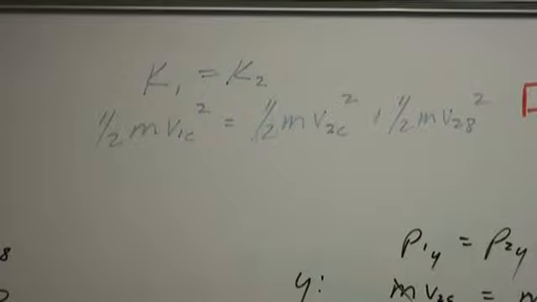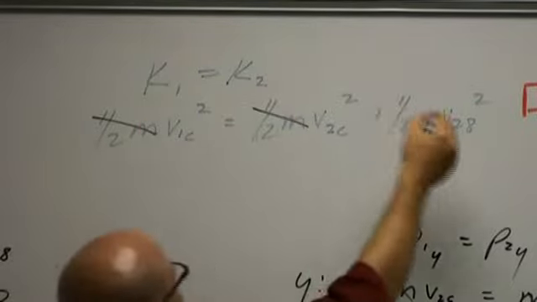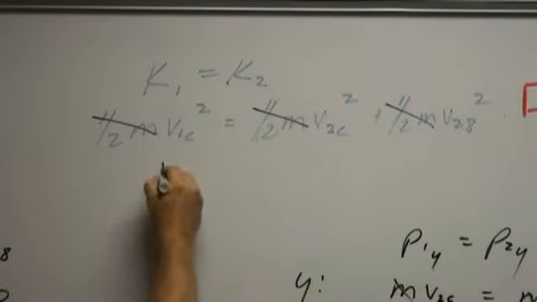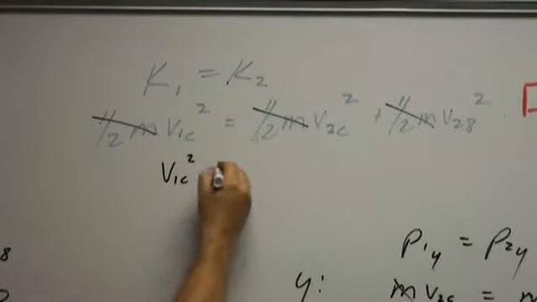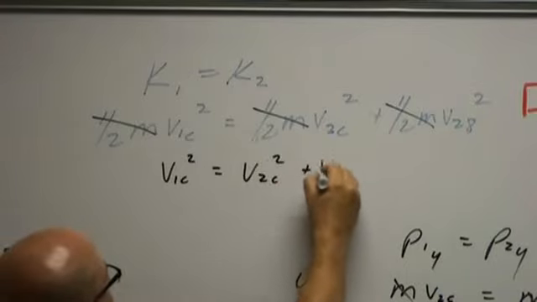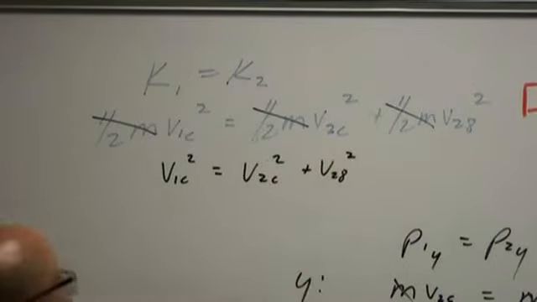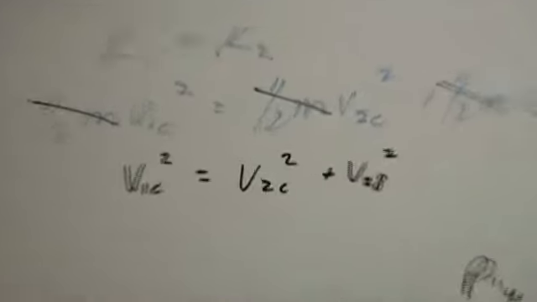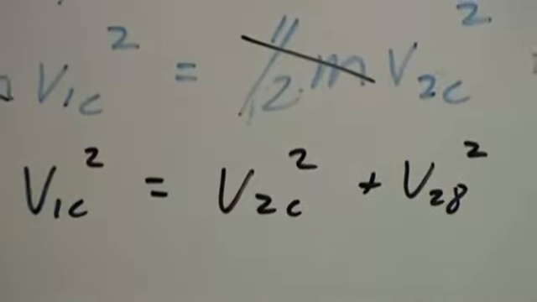Serious magic. 1/2 mass goes away. Look what I'm left with: V1c squared equals V2c squared plus V28 squared.